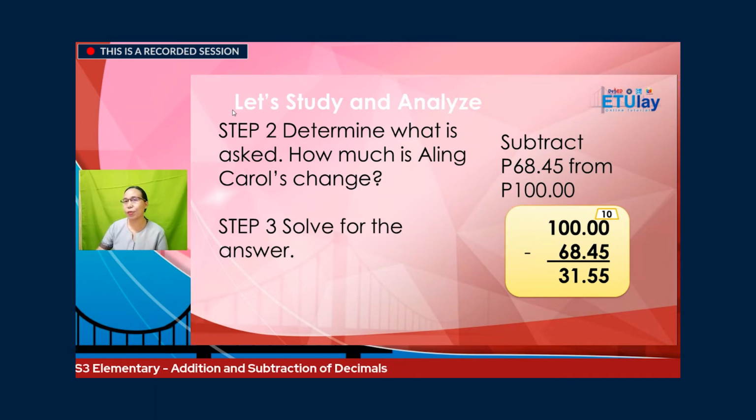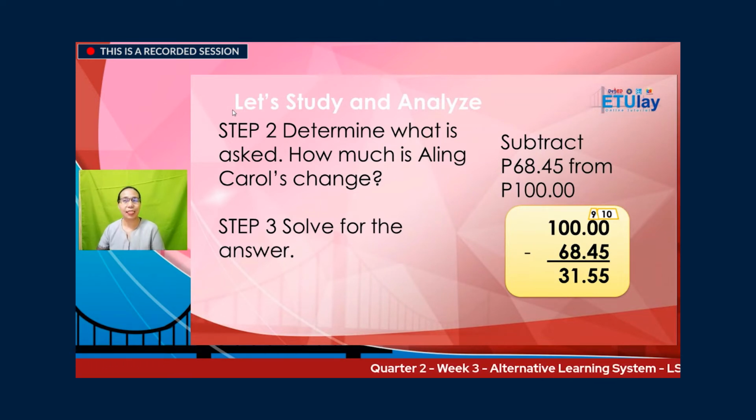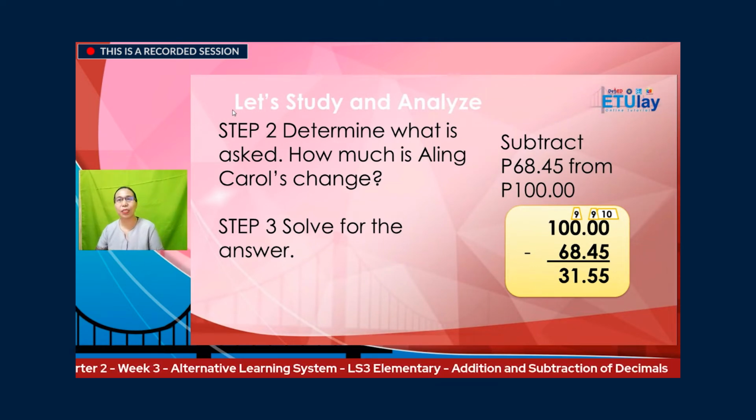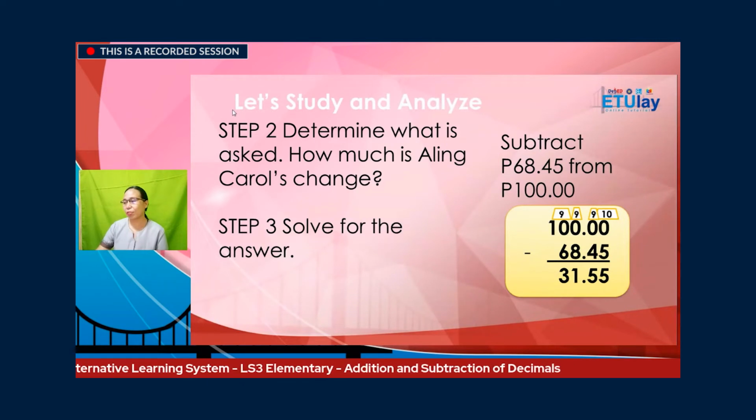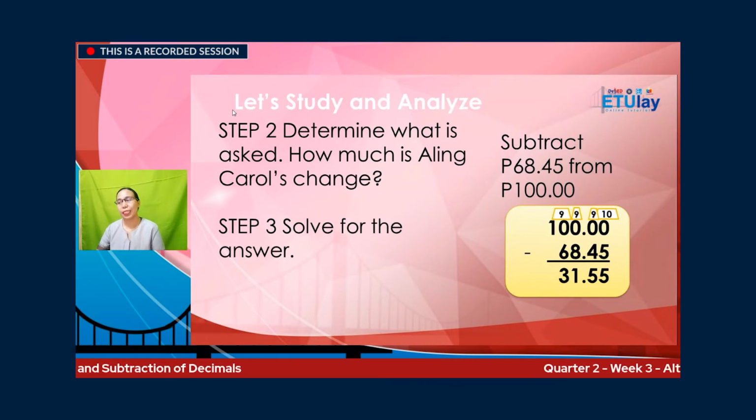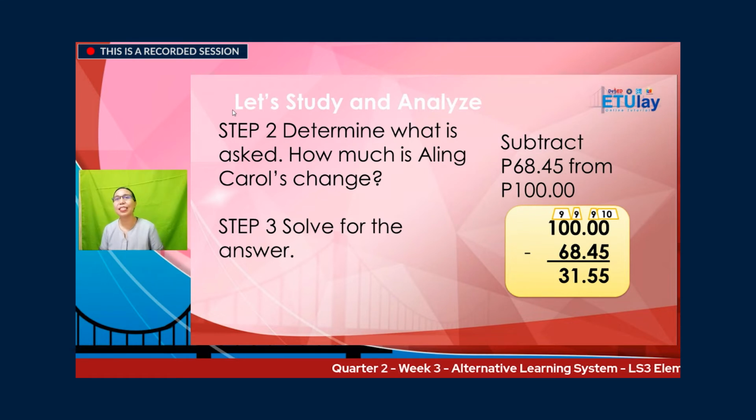Then the next 0 will be equal to 9 minus 4, we get 5. The next 0, we got 9 minus 8, it's 1. Then the last, the 10 will be equal to 9, then minus 6, it's 3. So we got 31.55. Next, let's review if you understand the discussion.